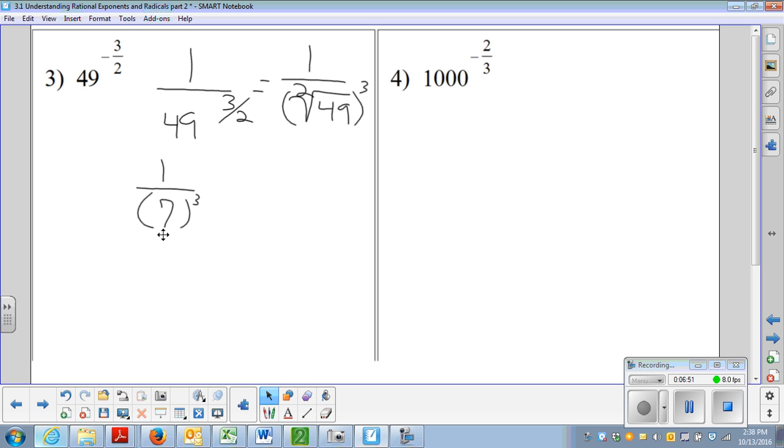Then we raise it from the power from 7, or take 7, cube it, and 7 cubed is 343. So our answer is going to be 1 over 343.